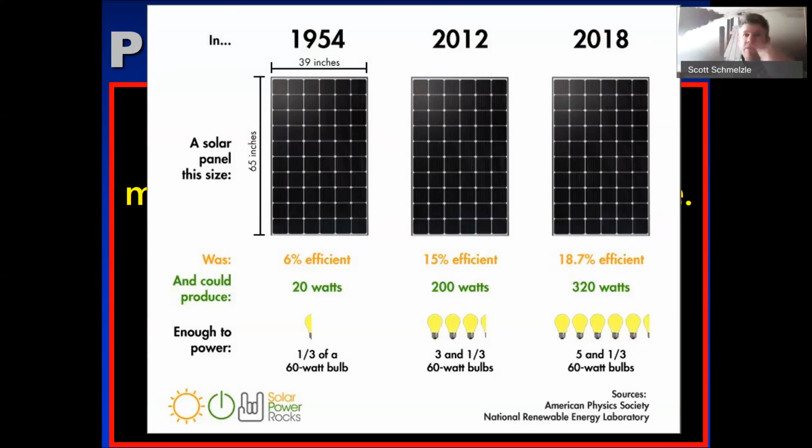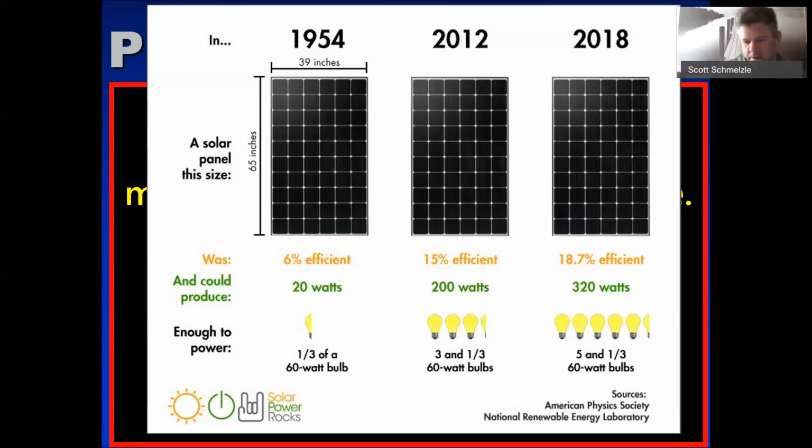You can put it back into the system and you get paid for that. Kind of crazy, right? So what we see here is that in 2018, when this graphic was made, a solar panel had become about 18 or 19% efficient. I don't know what it is today. I probably should have looked into that, but what that means is that it can produce 320 watts, 0.32 kilowatts.